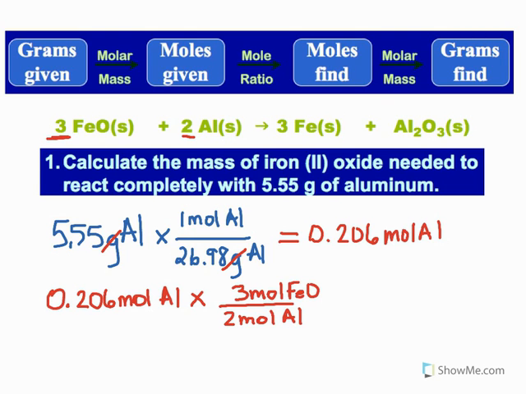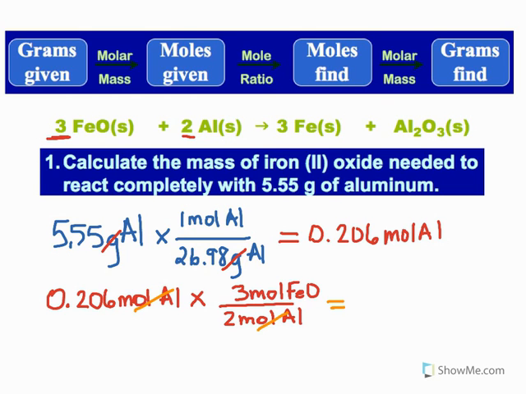at the top here. That's going to allow me to cancel out the moles of aluminum, and now I can find out how many moles of iron oxide I'm going to need. So we multiply everything in the numerator, and we divide by whatever's in the denominator.